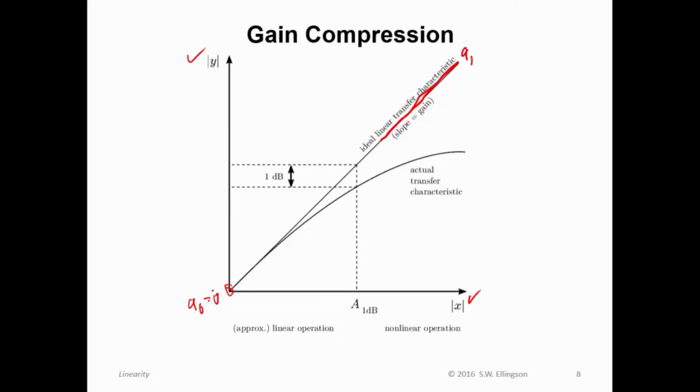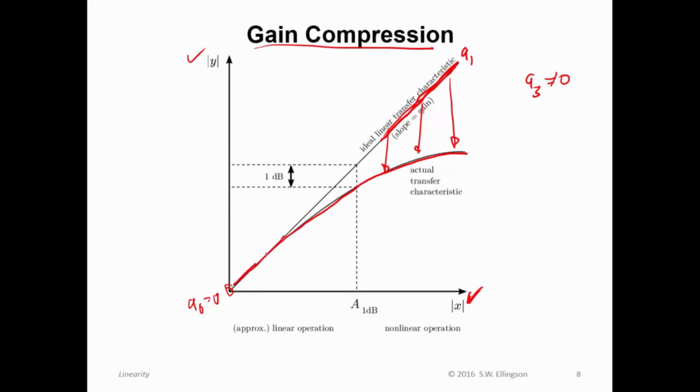Now, if we have any nonlinearity at all, in other words, if A3 is not equal to 0, then we have a deviation from this perfectly straight characteristic. And what typically happens is that the deviation is downward. This is exactly what we mean by gain compression: instead of getting this ideal characteristic at high input levels, we get some lower level output than what we'd expect.